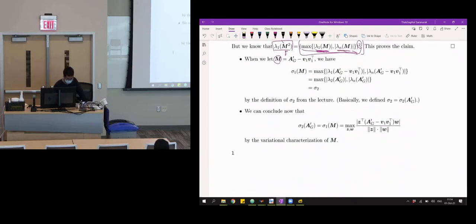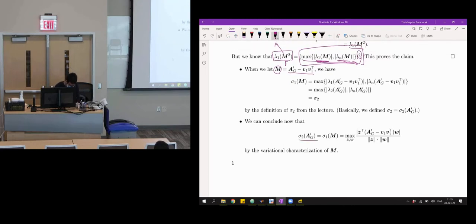Now we want to prove that sigma 2 is this. How do we prove that? We take M to be this. This is M. We can see that the first singular value of M is just the maximum of the absolute value of the first eigenvalue and the last eigenvalue. But this is nothing but the second eigenvalue of A prime, right?